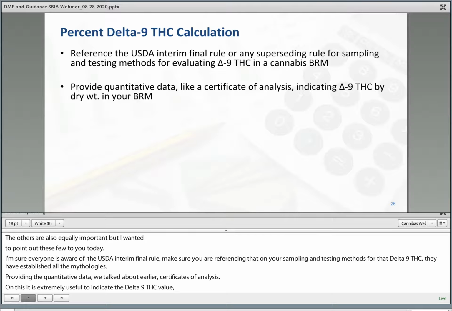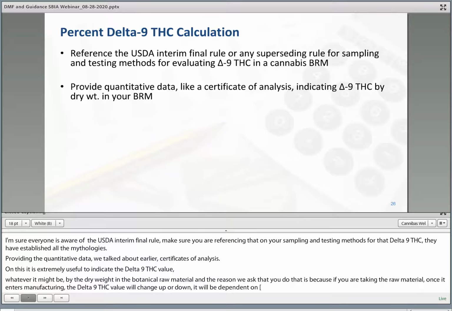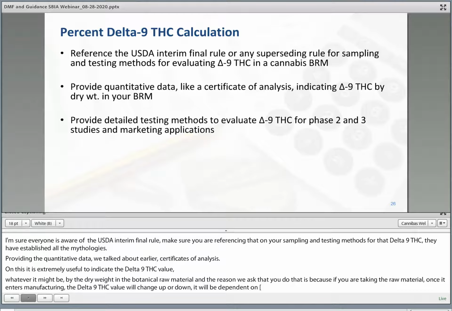It will be dependent on manufacturing processes. So please indicate it for the raw material, and then you can also indicate it in your drug substance or your final drug product. And that information will definitely be requested by our CMC colleagues.